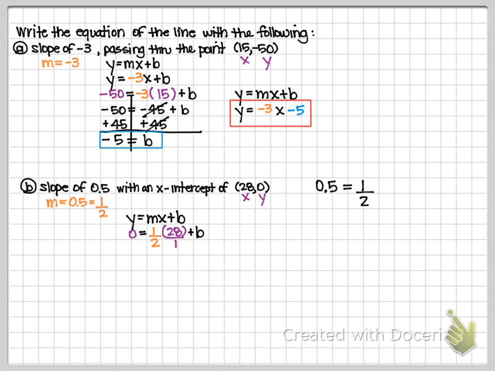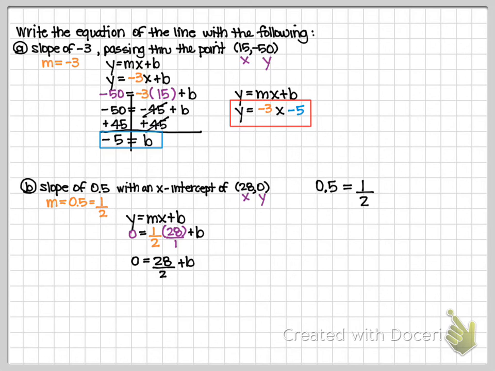Now again, it's ultimately up to you if you do the 0.5 or the half. I'll be honest with you, I prefer fractions 99% of the time in comparison to decimals, especially if there's some sort of operations that I have to do. As far as I'm concerned, there's a lot of rules that you have to try to remember with the decimal points. And fractions, not as many rules. So I went ahead and put a 1 underneath the 28 so that I can multiply straight across.